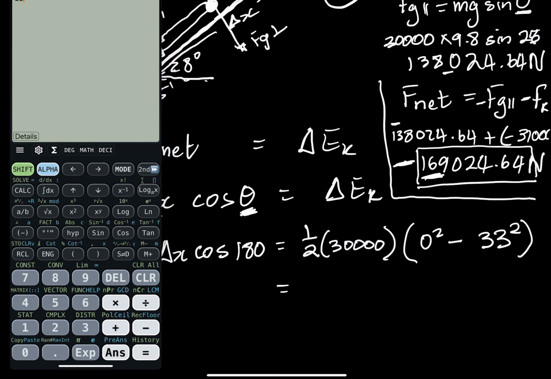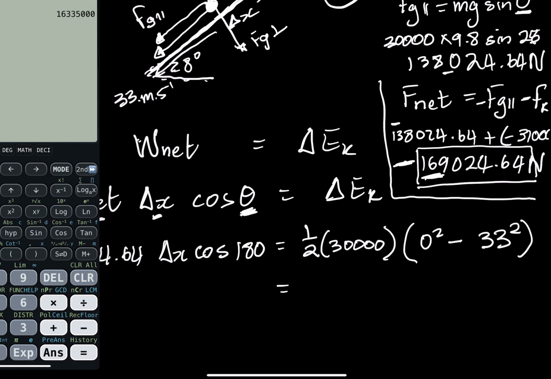Okay, so that's 15,000. I see this calculation is just showing me flames now. Multiplied by 33 squared. Okay, so I get that huge value there. Okay, and I'm going to now divide it.